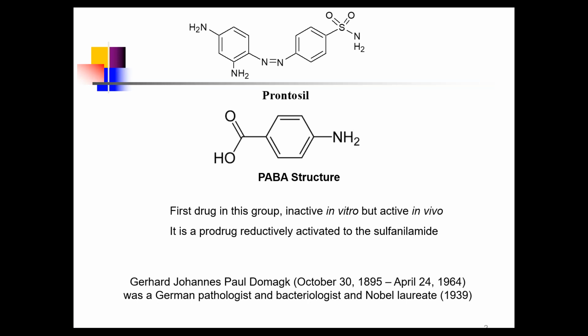Tolbutamide belongs to the class of sulfonamides, and along with antibacterial activity, it also shows anti-diabetic activity. When tolbutamide was first used only for its antibacterial property, it was discovered that it shows anti-diabetic property as well. So the use of tolbutamide shifted more towards being an anti-diabetic drug than an antibacterial agent.